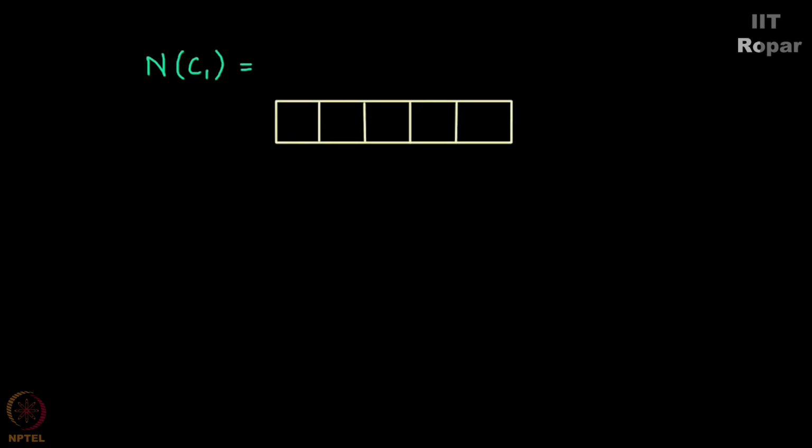You see these slots given here? These are the houses. N of C1 would mean those enumerations where 1 goes to house number 1 itself, like this, 1 is in 1. Now, we are fixing this, which means 1 goes to 1 and the rest of them can permute in all possible ways.